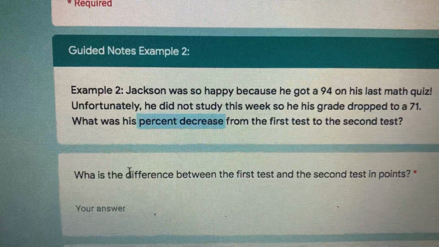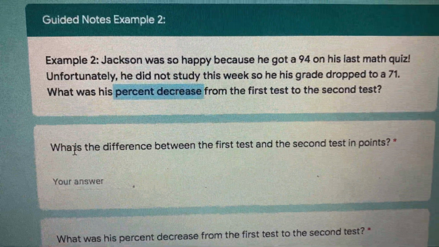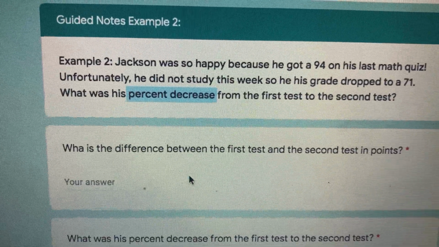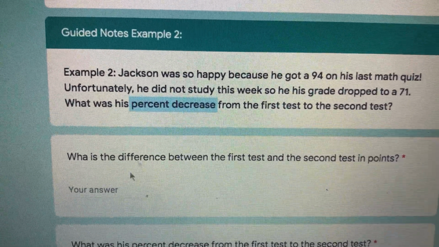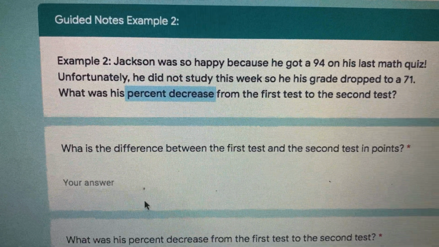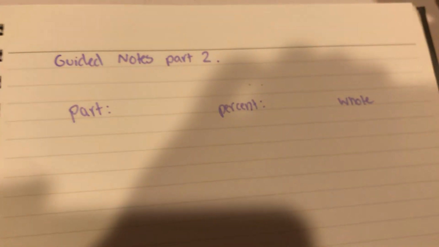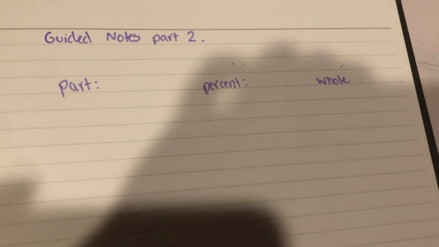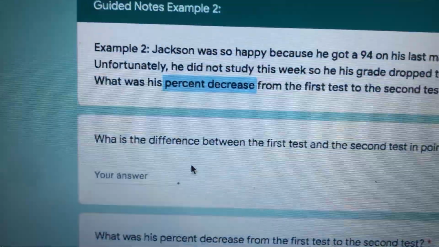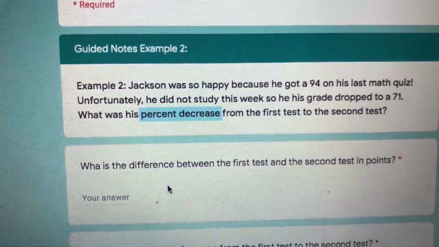And the first question says, what is the difference between the first test and the second test in points. So first we're going to just find the difference in terms of a numerical value, which is a whole number. And before that, we talked about how the CFS also first says that you need to make sure you identify the whole and the part correctly. My whole, as I said, is the original amount.